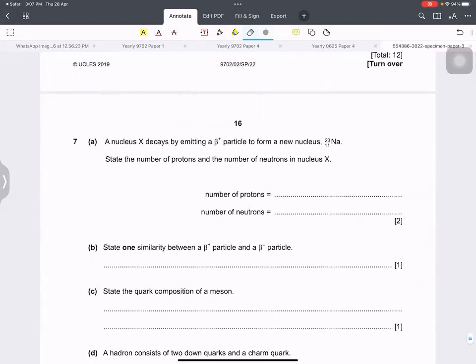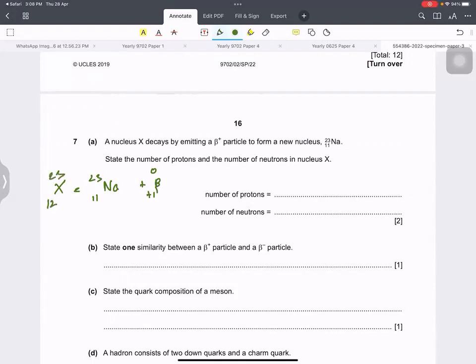State the number of protons and number of neutrons in nucleus X. X decays by emitting beta particles to form a new nucleus Na. Na plus beta, 23 11 equals X. So this should be, I think, 12 and 23.